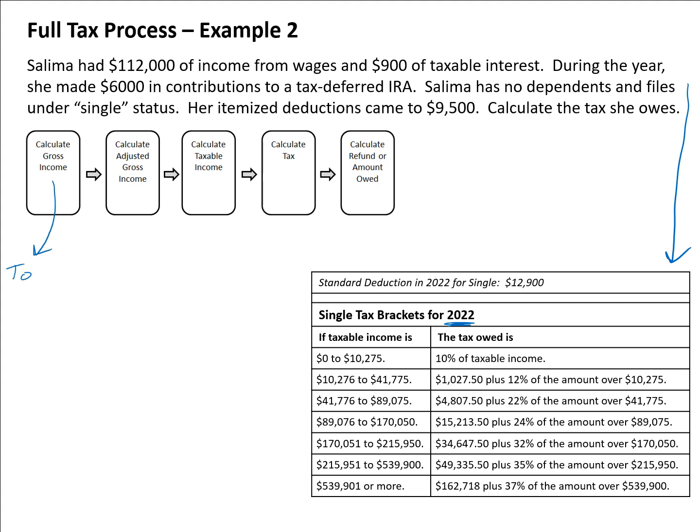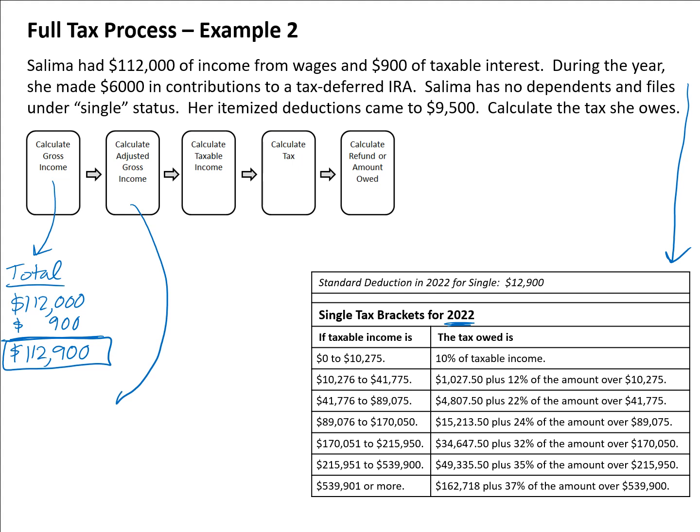That means the total income. Gross or total are interchangeable in this sense. So she's got $112,000 of income and she had $900 of taxable interest. So adding that together, she has $112,900 of gross income.